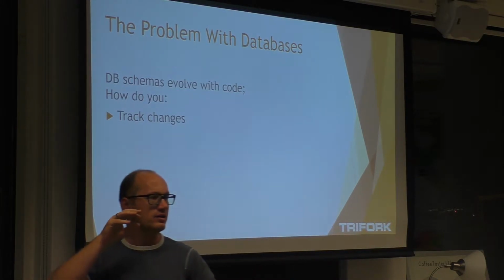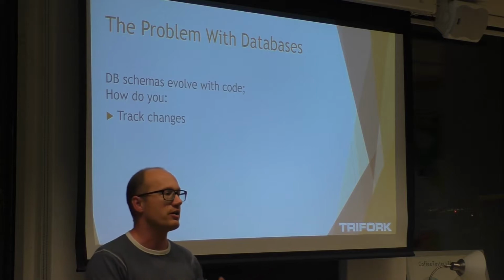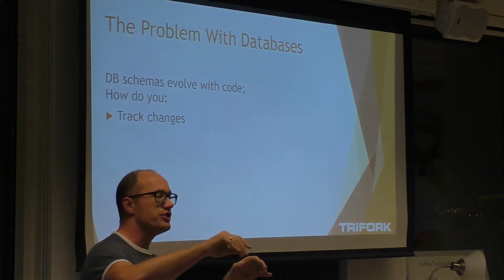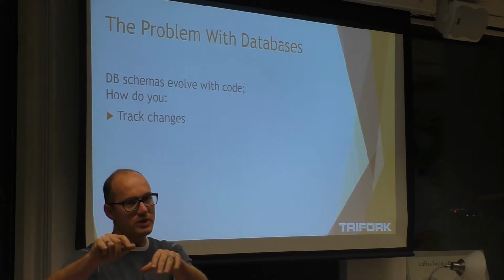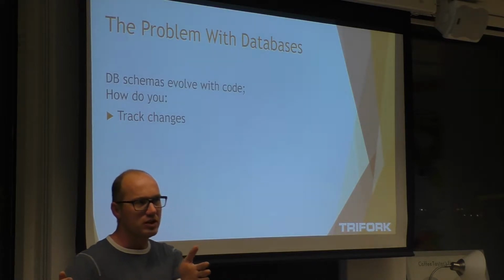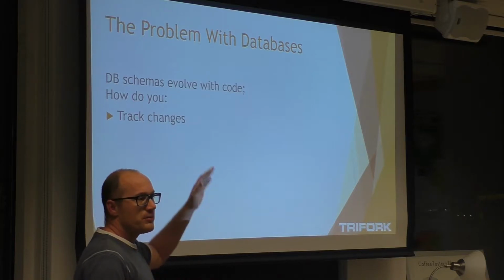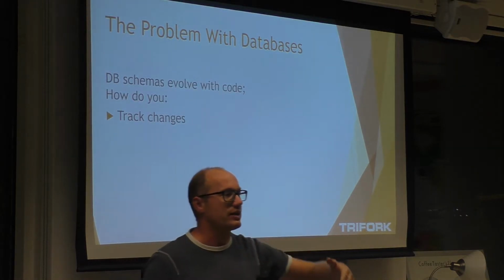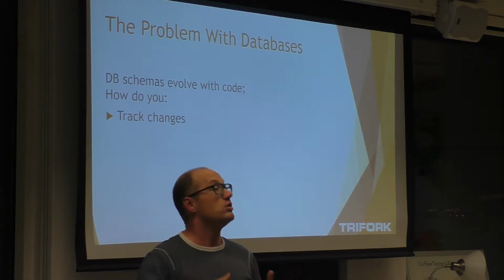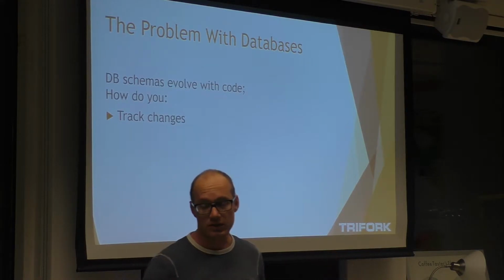That would just track all of the new DDL statements, like, oh yeah, we need to add this new table for this new feature, and we need to add a new column here, and maybe we need to enlarge this column a little bit, because it turned out that the varchar 255 was actually a bit too short. And they would just put that in a file and track it like that. Then at least you know, from release to release, what it is that you need to be doing.